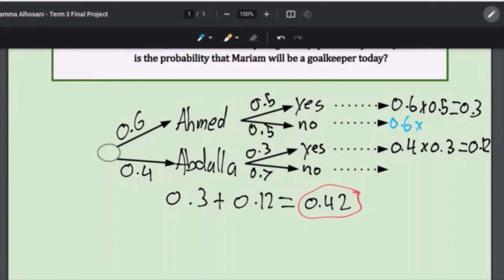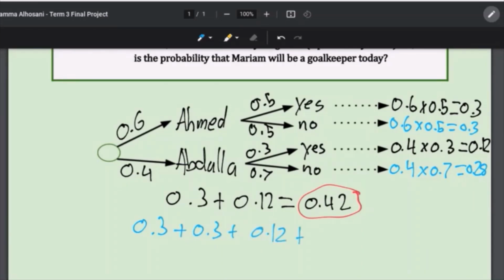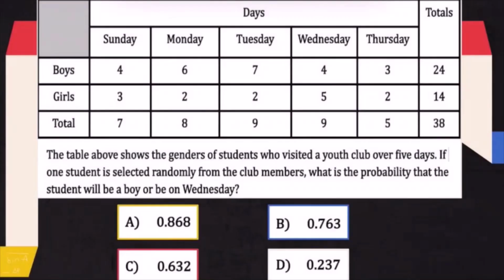The final step is to complete the calculation and make sure they are equal to 1. 0.3 plus 0.3 plus 0.12 plus 0.28 equals 1. So it's correct.